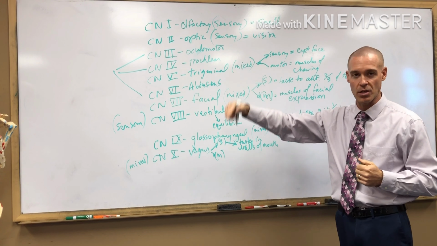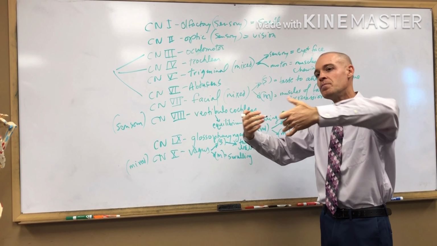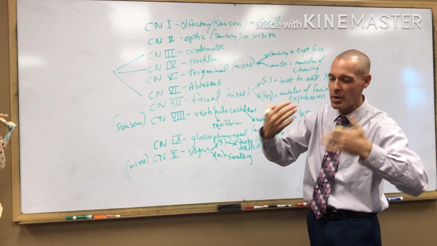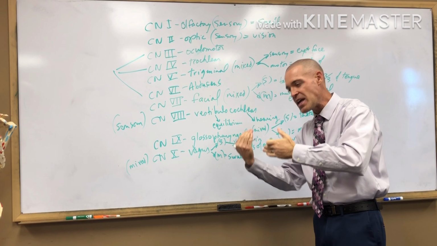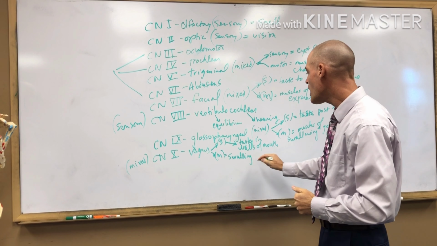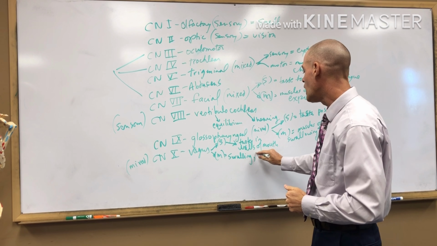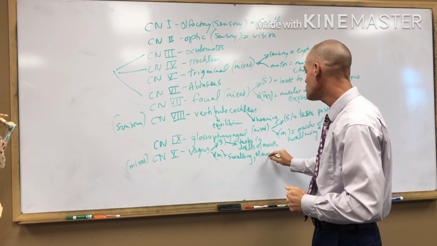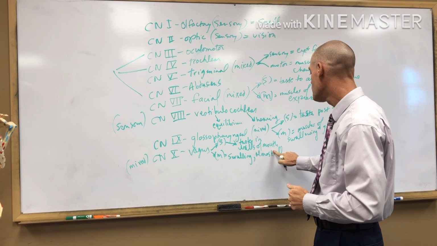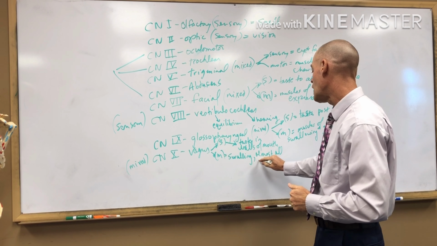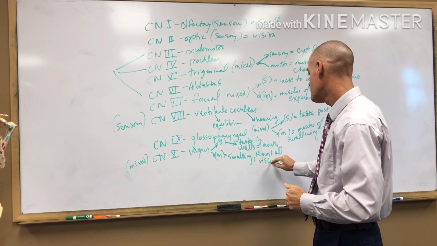Motor, for the vagus, is going to be swallowing muscles again. There's like 22 plus muscles involved in swallowing. So some muscles are vagus muscles, some are glossopharyngeal. Some of the muscles for swallowing are still vagus controlled. And then it's also going to be almost all viscera.